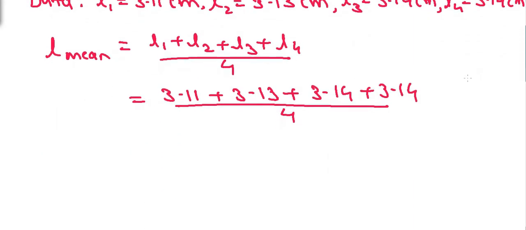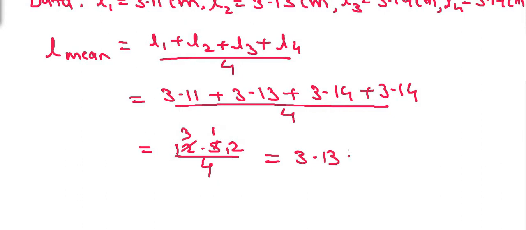Now the sum of all four readings is 12.52, divided by 4. 4 3s are 12, 4 1s are 4, 5 minus 4 is 1, and 4 3s are 12. So the mean value of length is 3.13 centimeter.